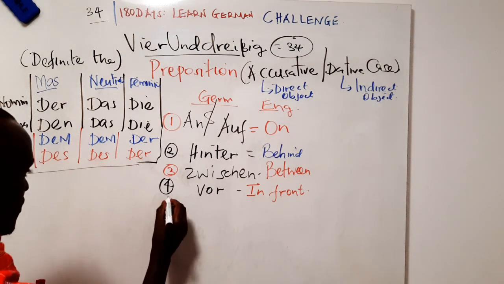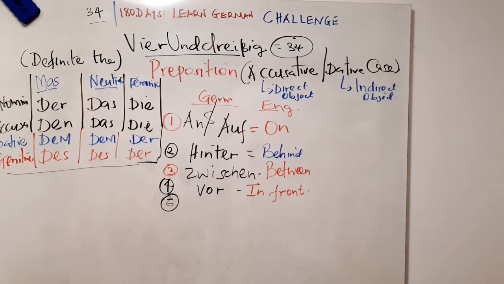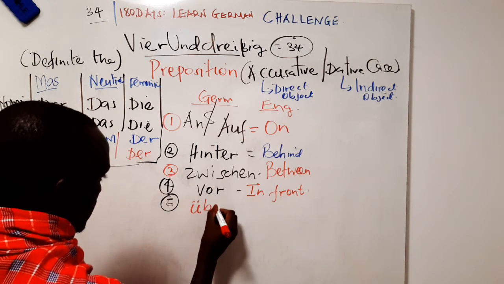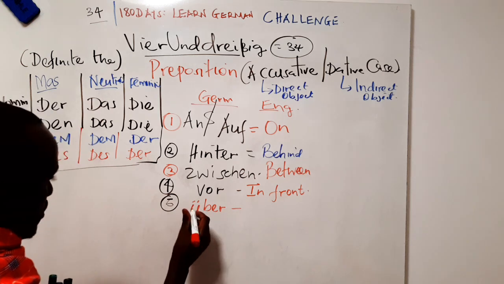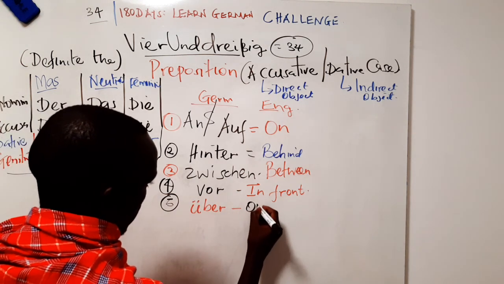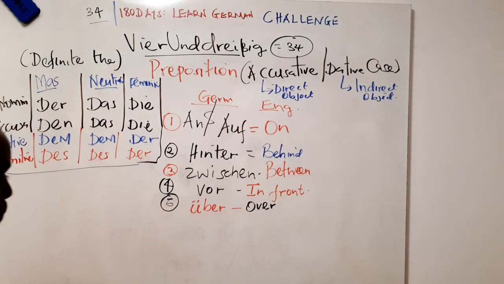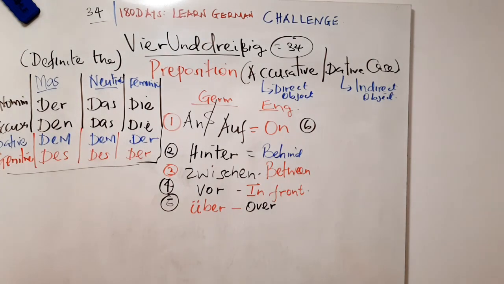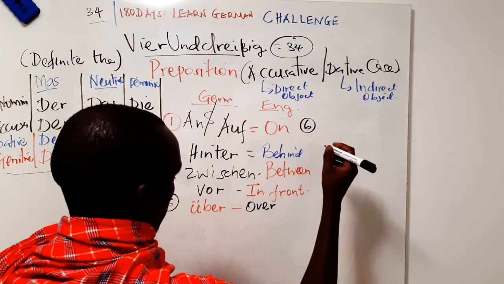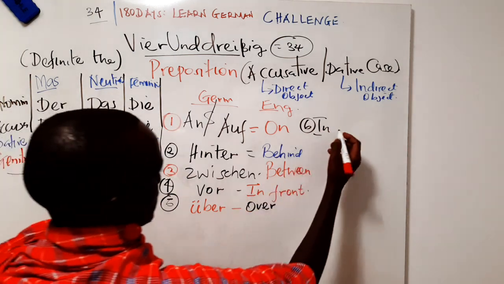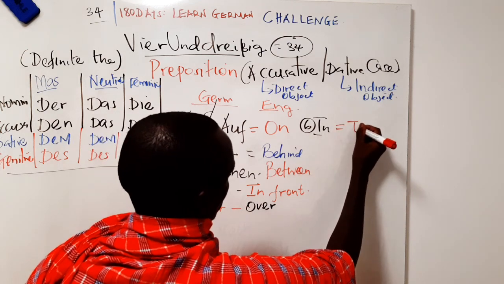Number 5, we have über, with an umlaut, and this means over. Number 6, we have in, and this is in.